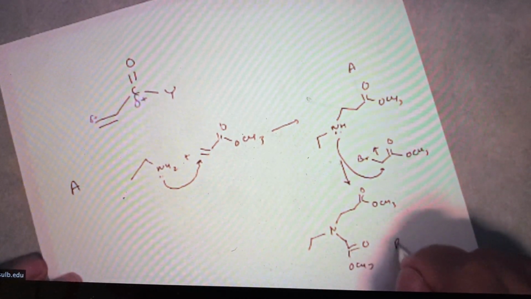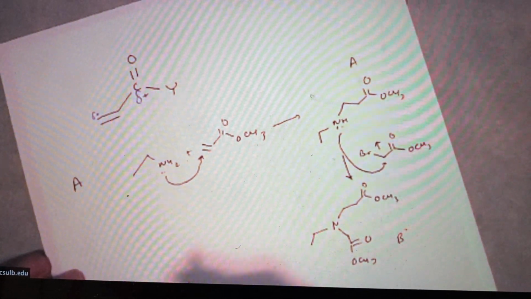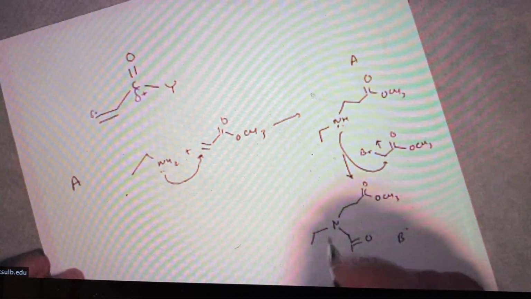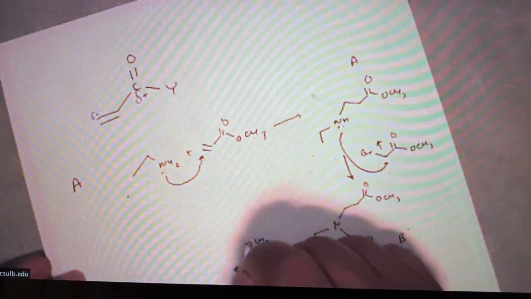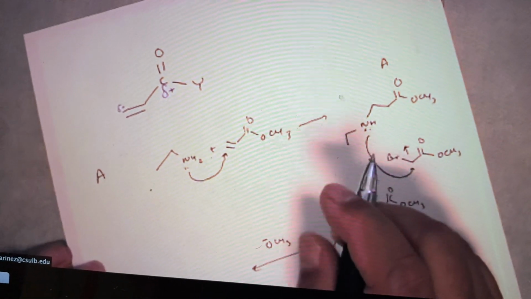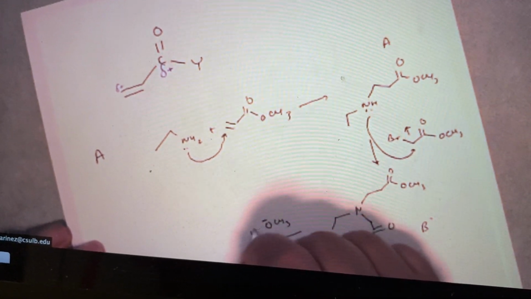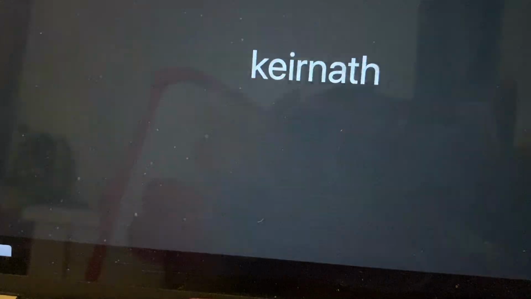Okay, so this is B. And now C does what? C employs a base, followed by acid. I'll do it that way. Tetrahedral intermediate?